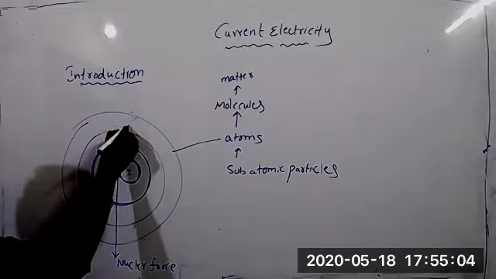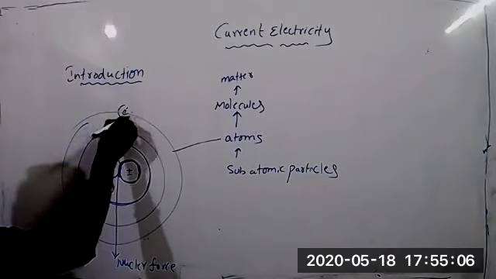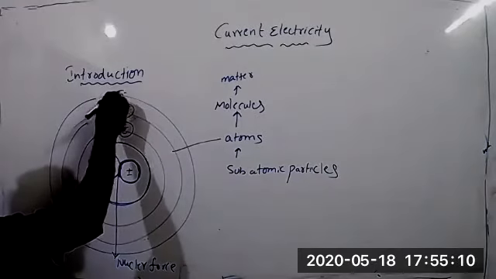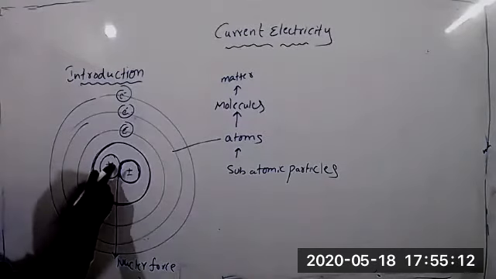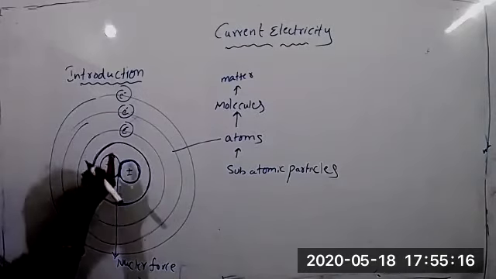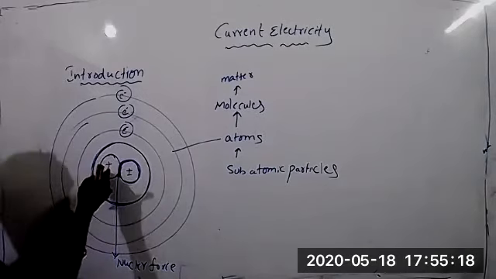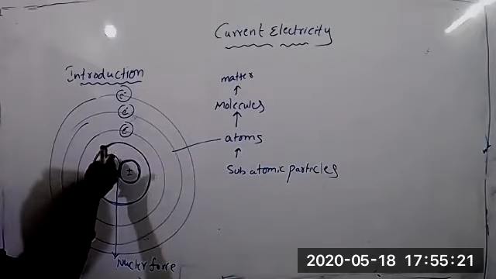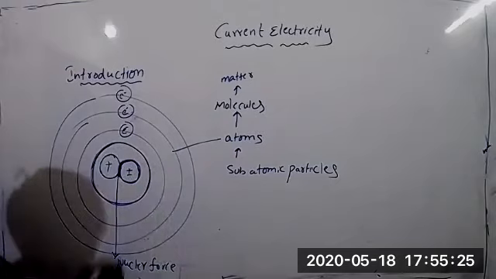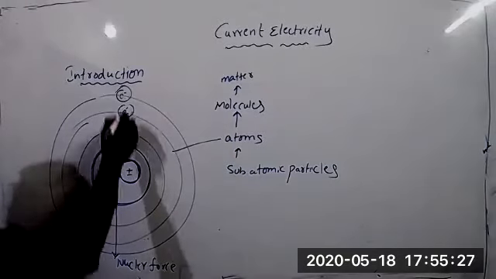Around the nucleus, electrons revolve in their orbits. We know that if there is a proton and an electron, an attraction force will be there between these two, because one is positive and one is negative. And when the distance increases, the attraction force decreases. So feel that it is the outermost electron.